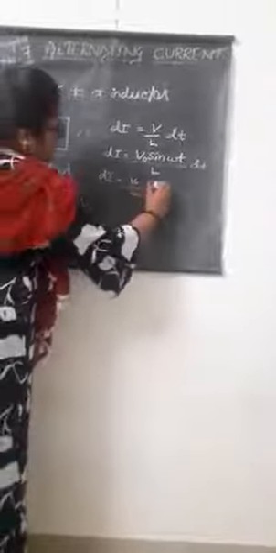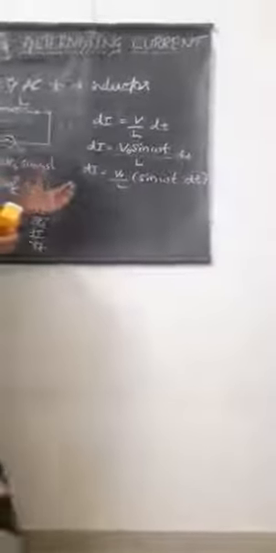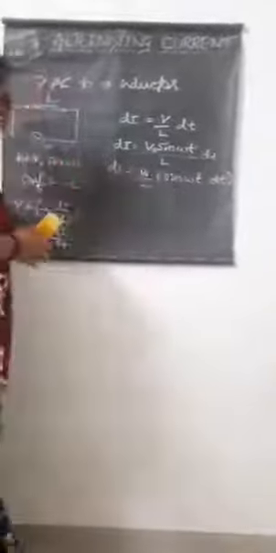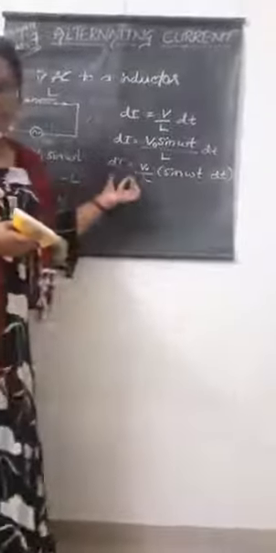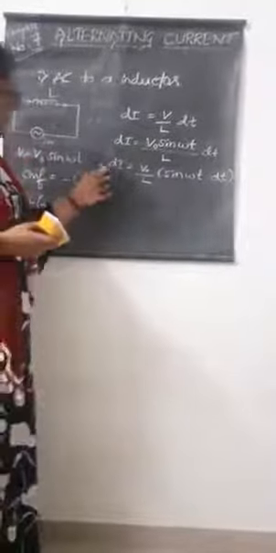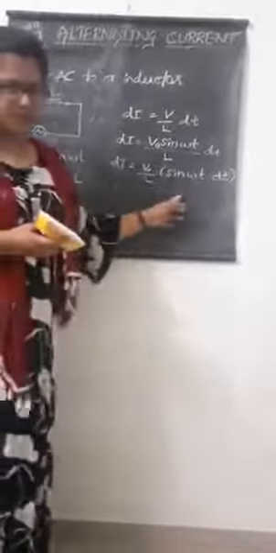So can I write it as V0 by L sin omega t dt? I am just adjusting the terms with respect to the parameters. Now we have to integrate this equation.